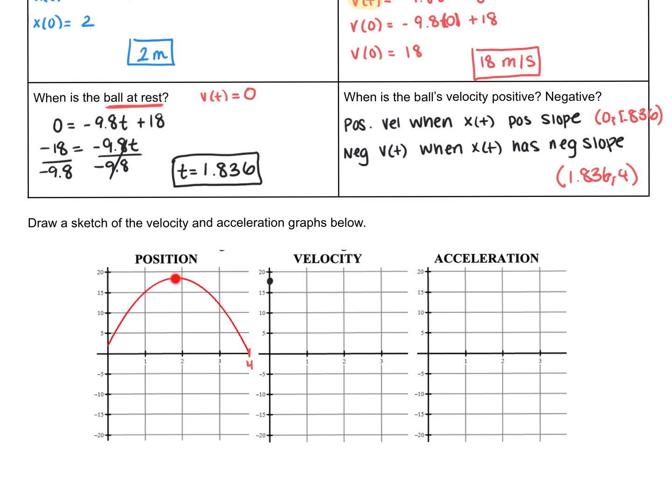And then the ball is at rest at 1.836. So v of t equaling 0 means that's where it's going to equal 0. So all we're going to do now is connect this value and keep going down. So that is my velocity function.